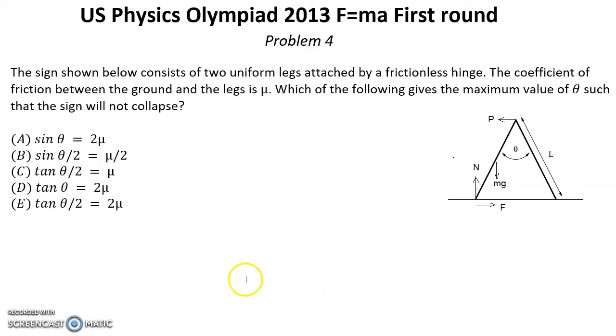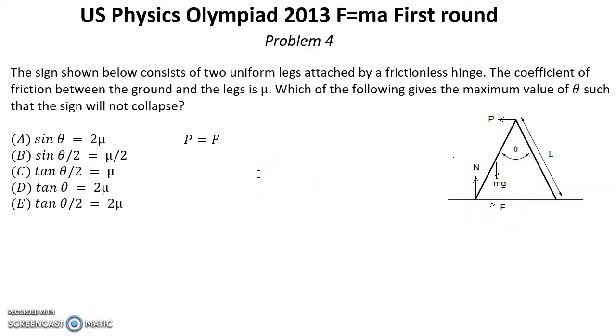In case of static equilibrium, we have to write equations for horizontal, vertical equilibrium and for rotational equilibrium. Let's do it for horizontal equilibrium. For horizontal equilibrium of the left leg, we have to equalize force P to force F, force of friction.